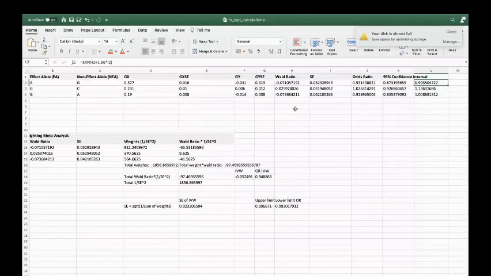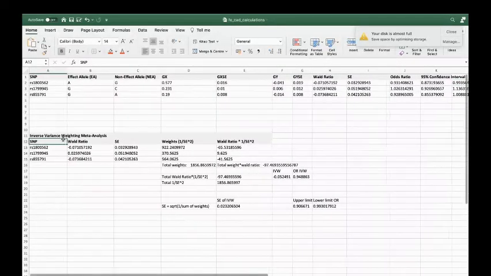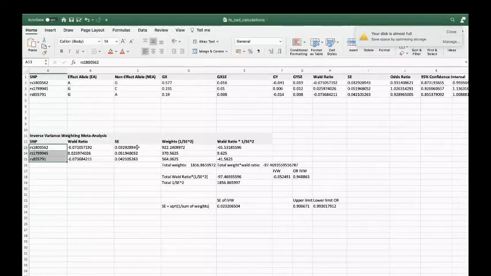Now I'll just explain the inverse variance weighting approach, because I think that's new information for this week. So here we have all the SNPs again, the Wald ratio, and the standard errors. That's just taken from up here and placed down there. Then we calculate the weights.